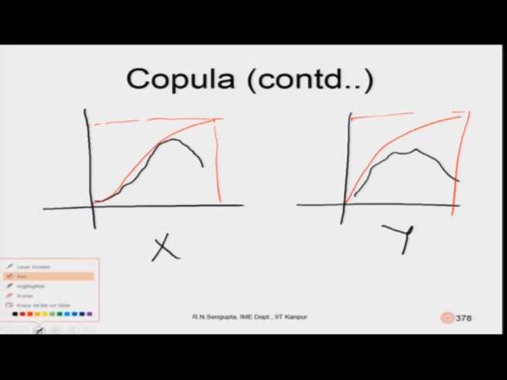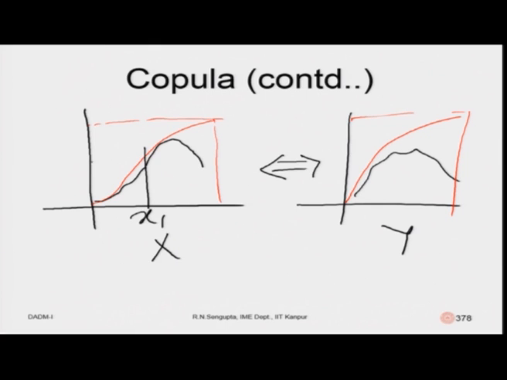Which means that in case you are doing a one-to-one correspondence between them, then at a certain value x1, the capital F of x1 which we have would have a corresponding value y1, such that this would always be true.